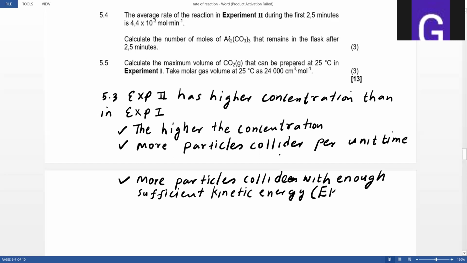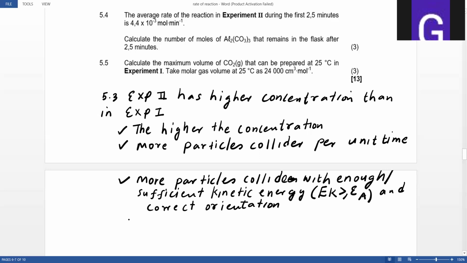So more particles collide with enough or sufficient kinetic energy, not both, and correct orientation. What does this mean?